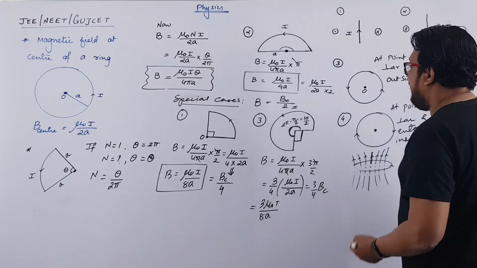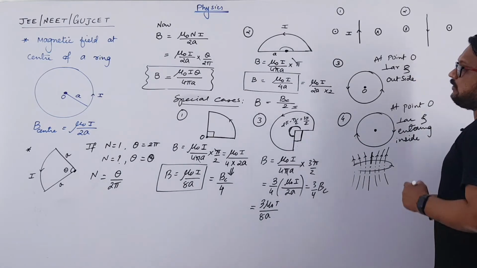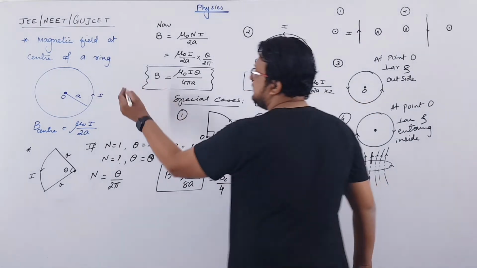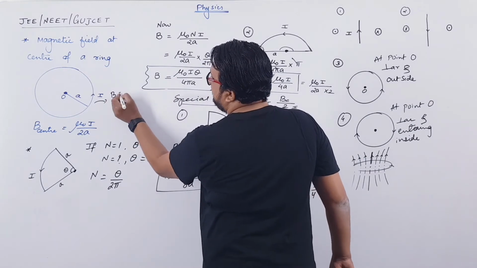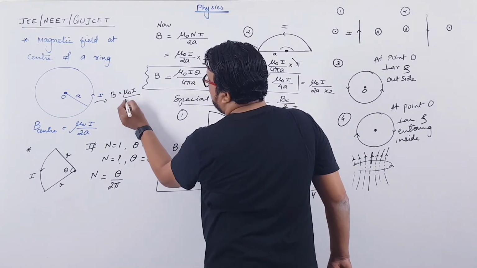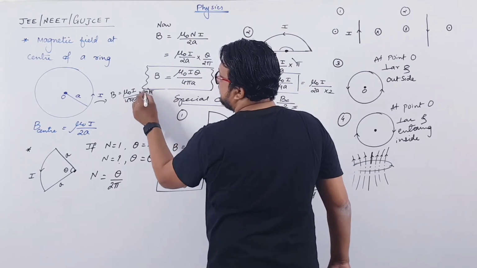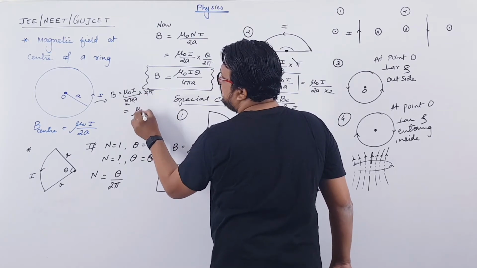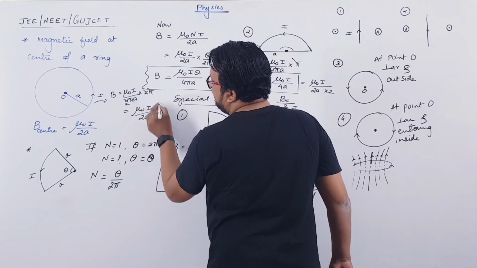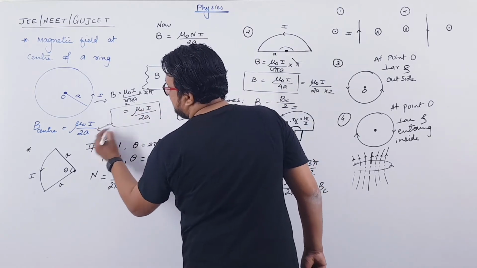And for the entire circle, you can directly write B equal to mu naught I upon 4 pi A into the total angle 2 pi. Pi will cancel out, the 2s cancel, so again you will get mu naught I over 2A, which is similar to this.